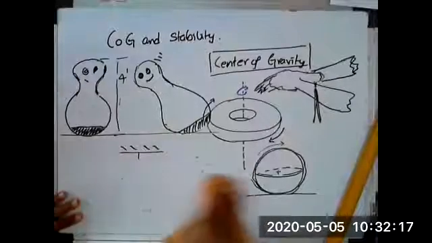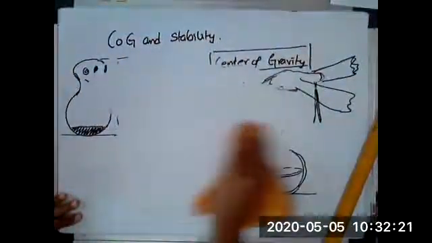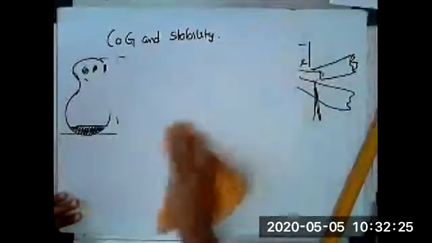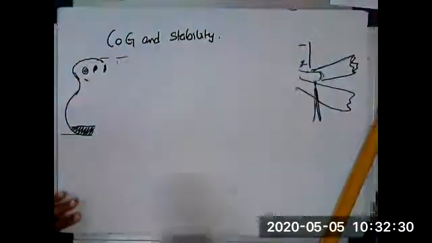You're saying that for most normal objects, they topple over when the center of gravity moves outside of them. Yes, moves outside of the base, and it cannot be compensated.